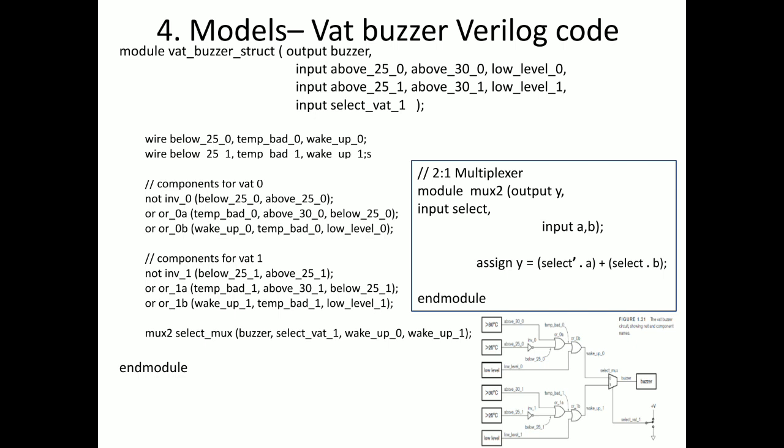How to write a Verilog code, how to describe it in a gate level representation. Sorry, in the structural way, how the gates are connected, the logical structural way. This is called the structural style of writing Verilog code. Please try to rewatch the video on how to write this Verilog.